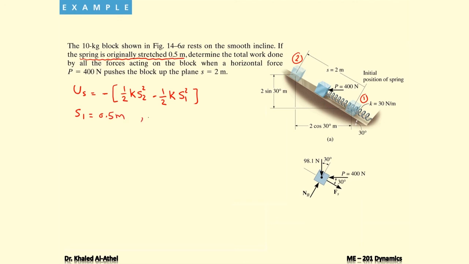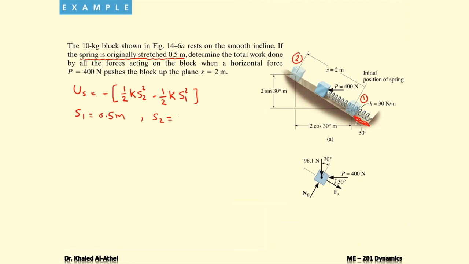And what about S2? Now, in position 2, I don't know the complete length of the spring because this part is unknown. But I know the amount of stretching. Basically what I have is, originally it was stretched 0.5 and then it moved 2 meters. So it was stretched 0.5 and then you stretch it an additional 2 meters.